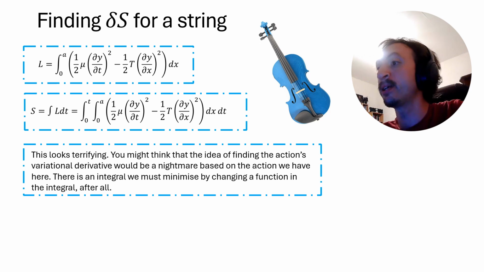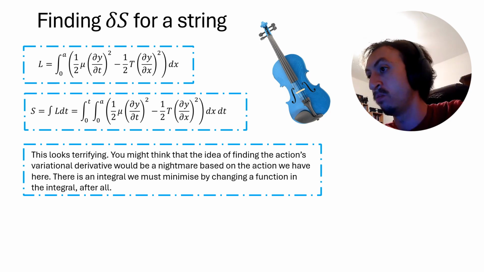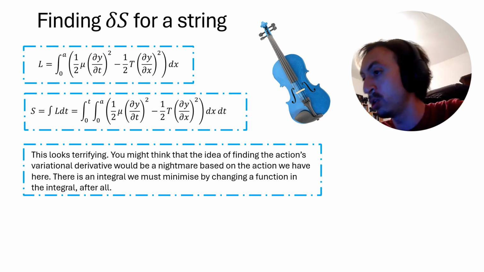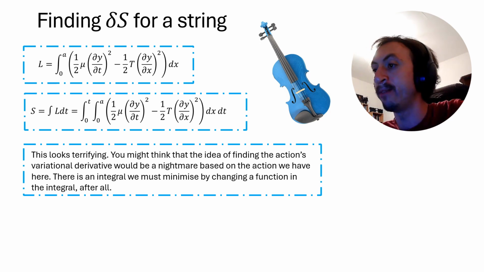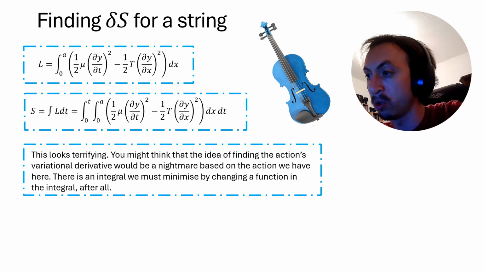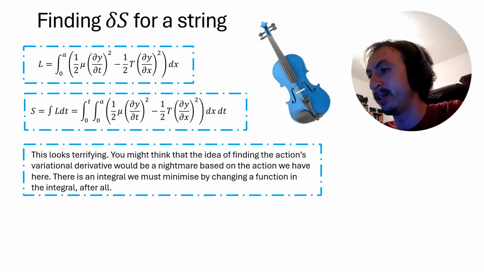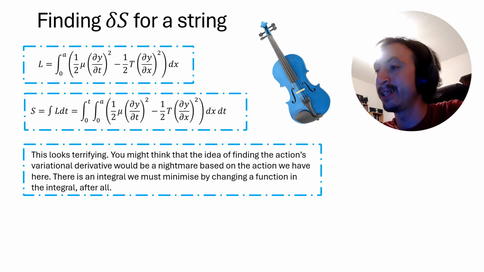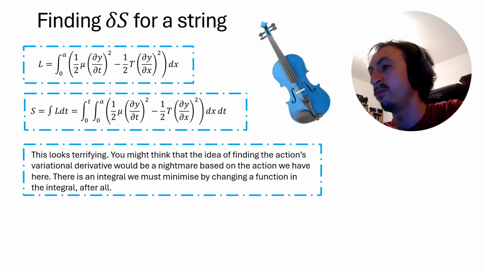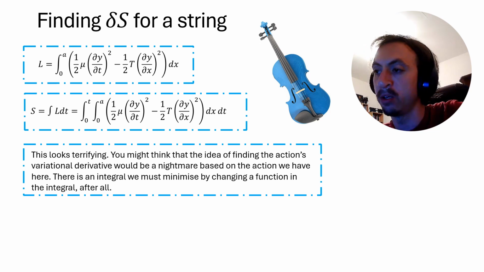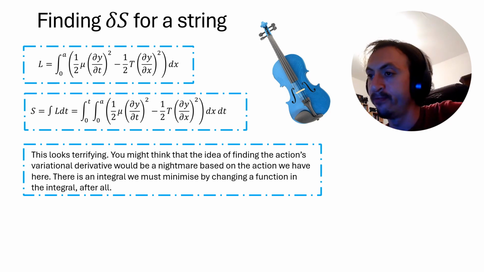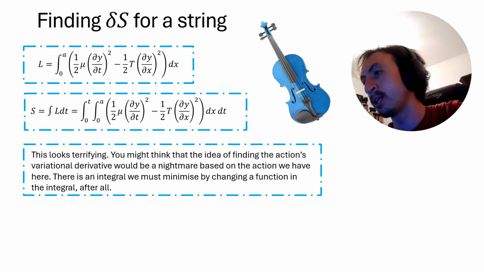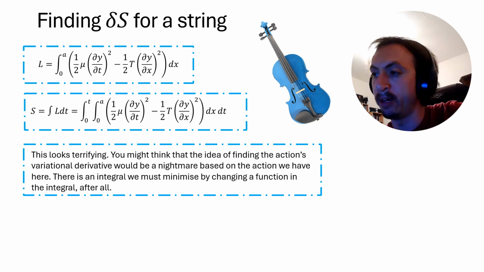The action takes the entire function y of x and t, that is the entire description of the shape of the wave at every point on the string across all of time, essentially, if we have an infinite upper bound for time. And it takes all of that to give you an output value for the action S, associated with that kind of motion of the string. So the action is an object that takes in a whole function and outputs a number. It doesn't take in a number and output a number.